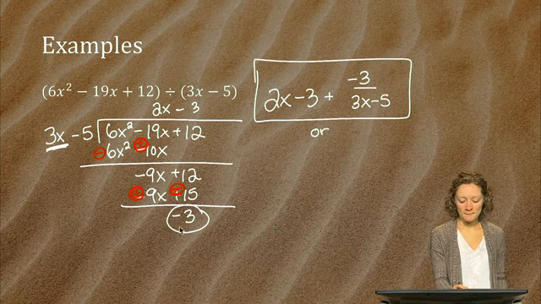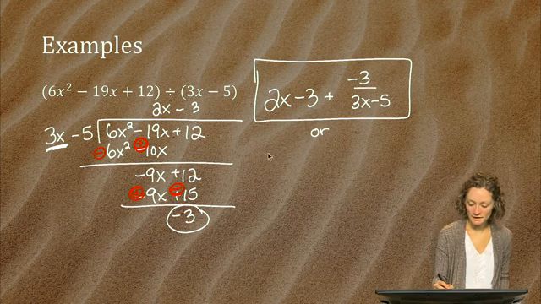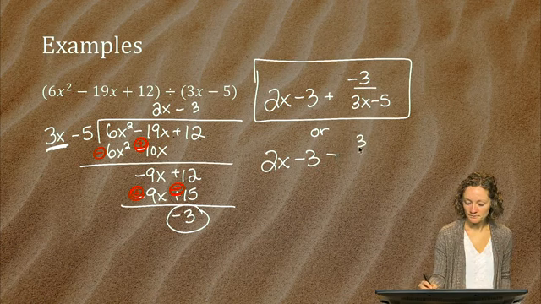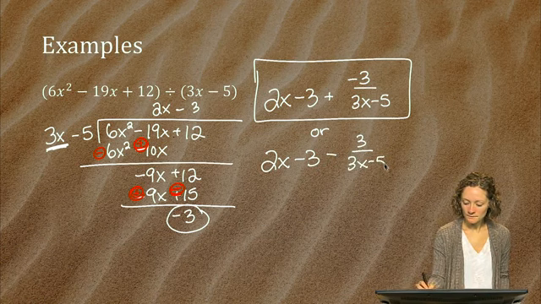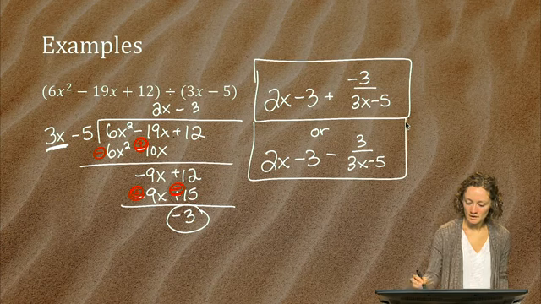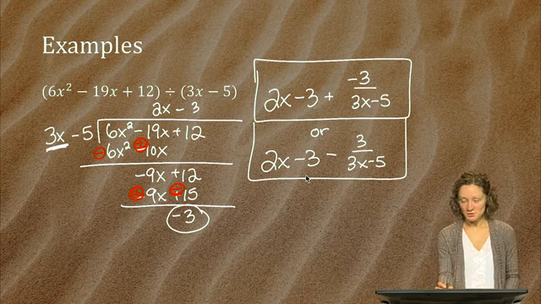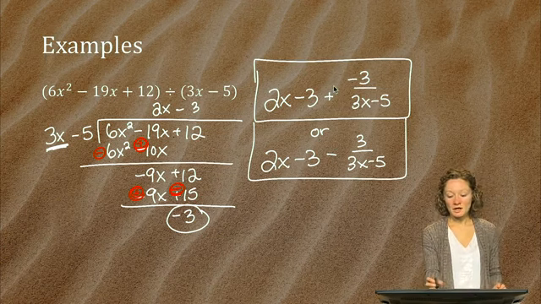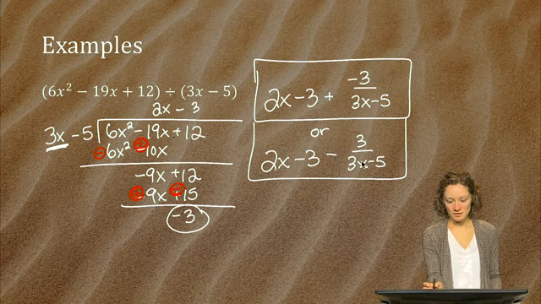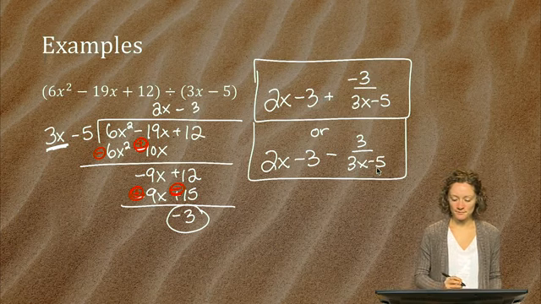Because this problem, the remainder piece, is negative and it's the only piece, another way you could write this is like this. You could write 2x minus 3, same beginning, but instead of plus negative 3, you could just write minus 3 over 3x minus 5.